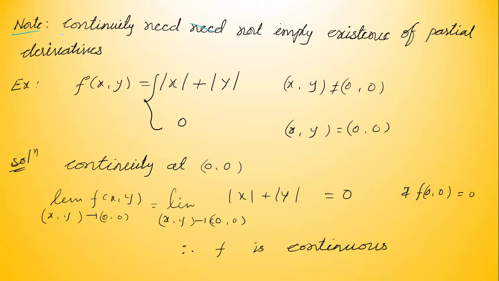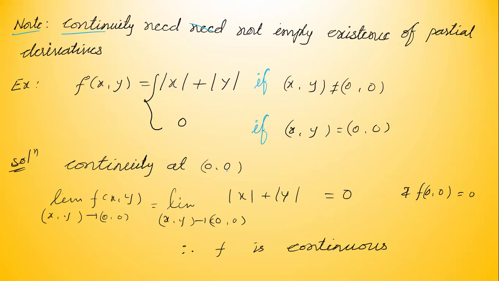Example: f of x y is equal to mod of x plus mod of y if x comma y is not equal to 0 comma 0, and 0 if x comma y is 0 comma 0.